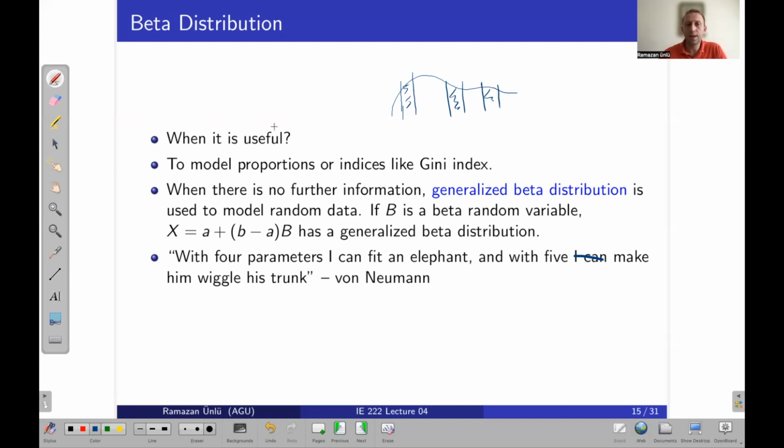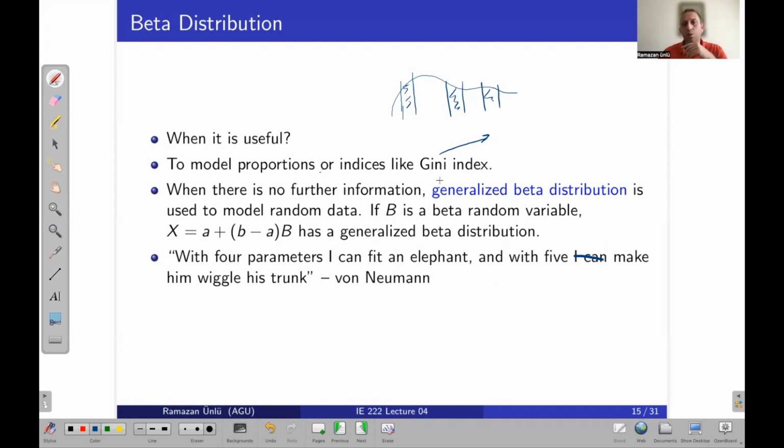And if that is the case, you can use the beta distribution, or it is used for indices like the Gini index. The Gini index is about the economy, but maybe you will see it in your economics class, and that is the index to measure the inequalities between the incomes in a region or in a nation or something.